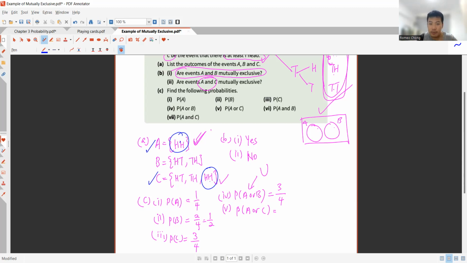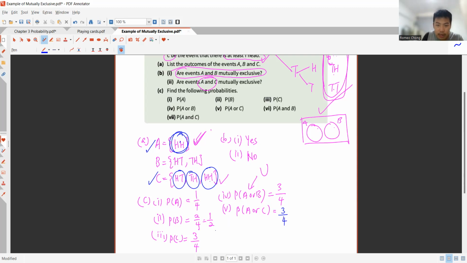You just count it 1 time. So there are 3 types of outcome, which are HH, HT, and TH. That is 3 outcomes out of the total of 4. So this one is 3 over 4, the same thing.